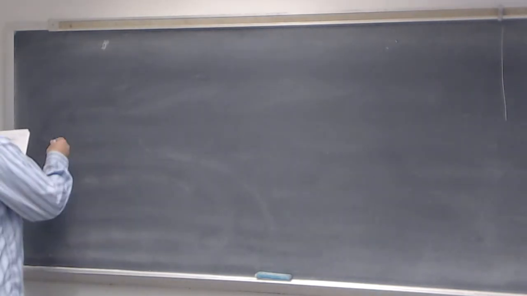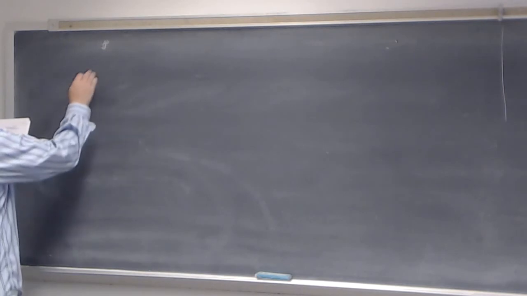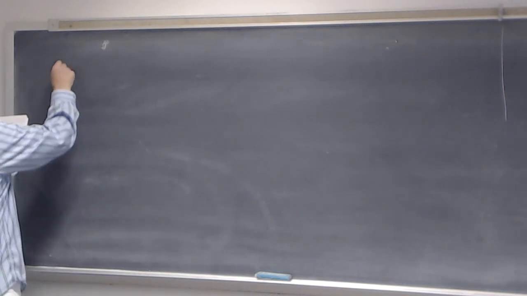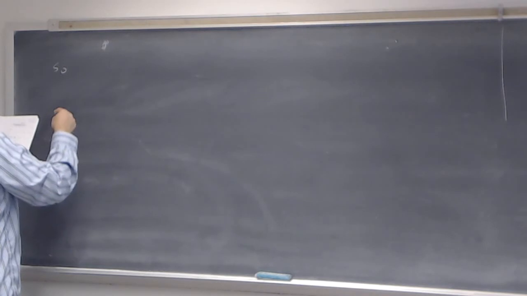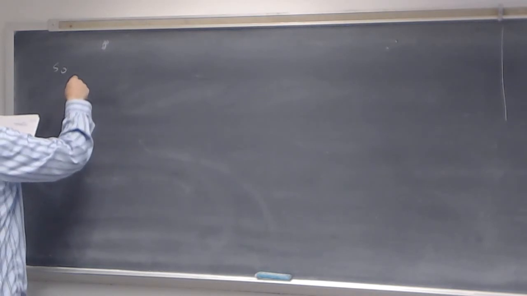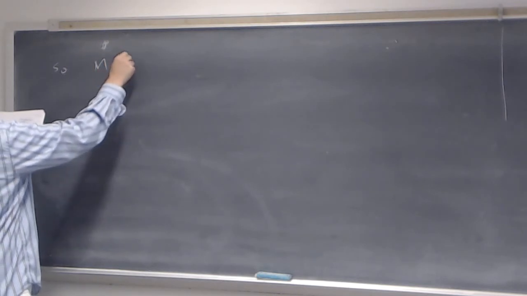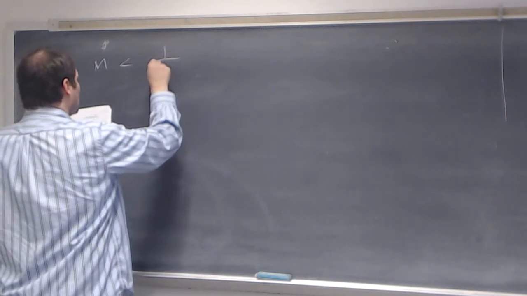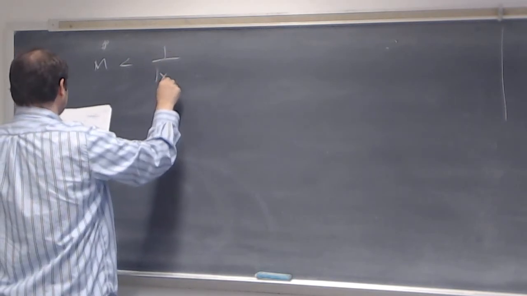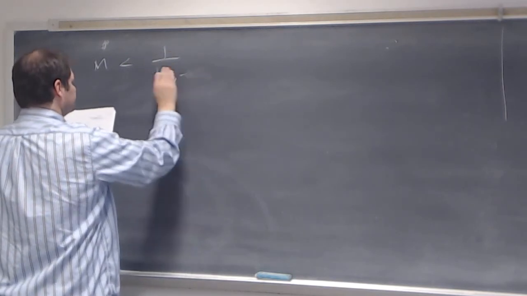Okay. So what this says is that m would be less than 1 over the absolute value of x of N minus x of naught.